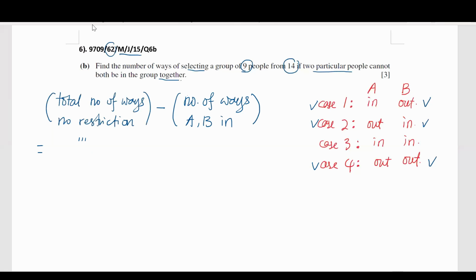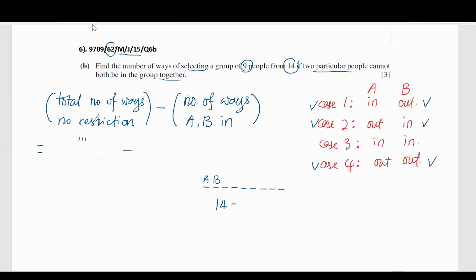Then we try to minus out the number of ways where A and B are in the team. All right, if we have a team of 9 people, there are 9 places here where both A and B are already in the team. Now we have together 14 people.